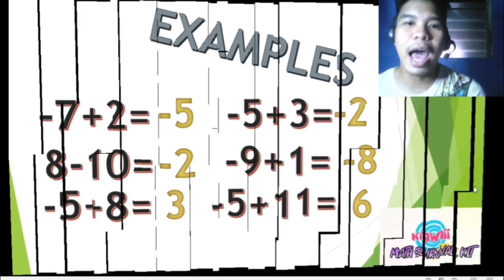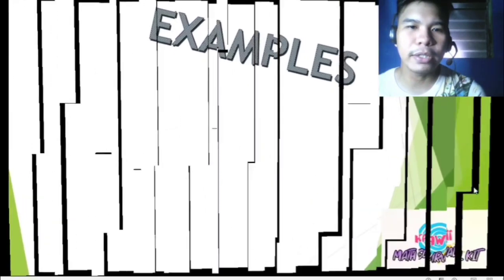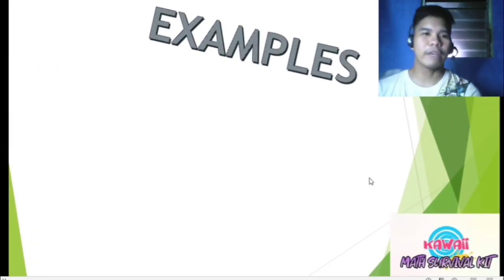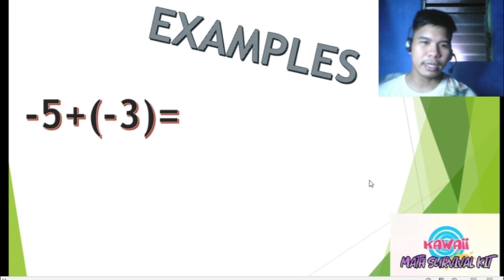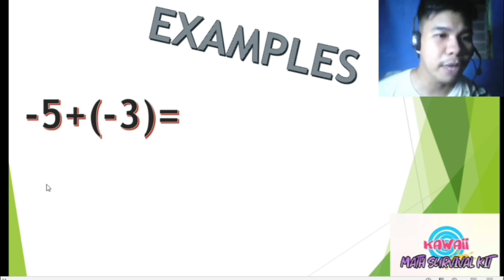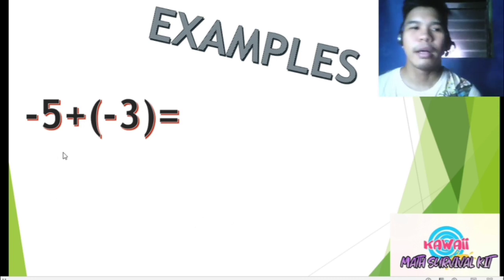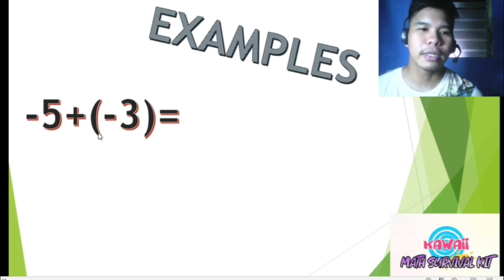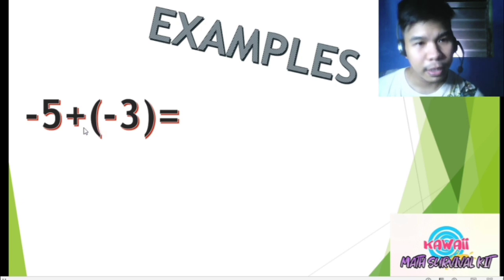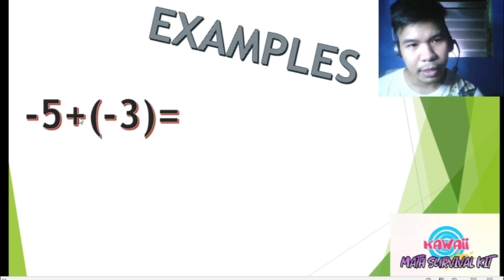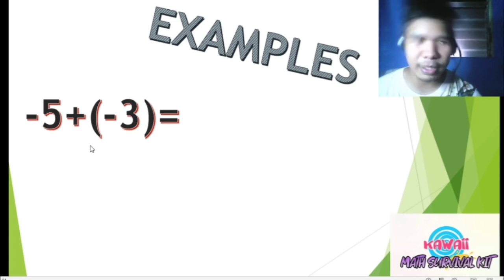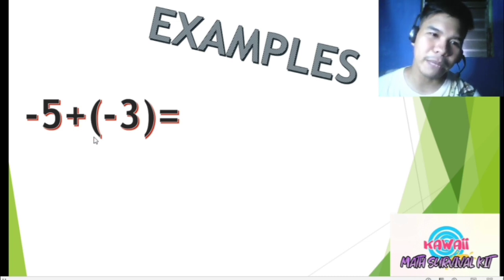Okay, so we have another condition here. What if we are given a situation like this? So we have negative 5 here plus negative 3. Okay, so if you can see consecutive signs here and they are different, that will automatically be negative because it is like we're multiplying positive and negative here.